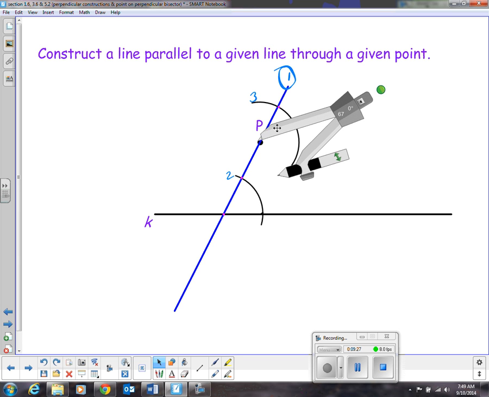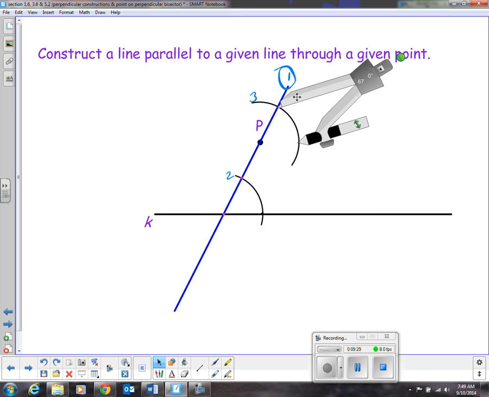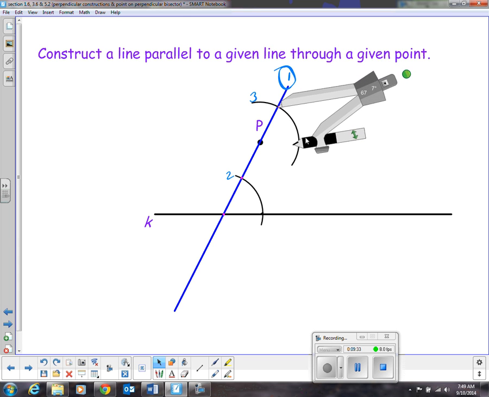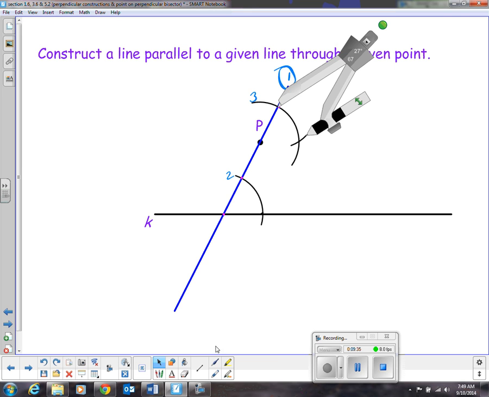Up the segment to this point of intersection, and what are we going to do? Create an arc. So now this point right here that you just made is this point down there. So now you're going to connect this point with P, and you'll have yourself a parallel.